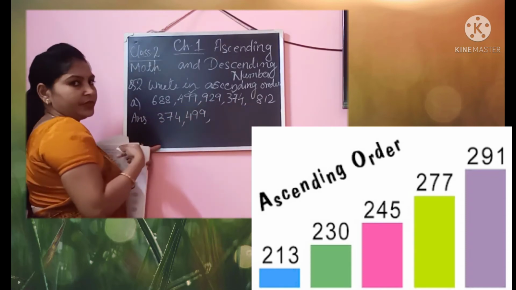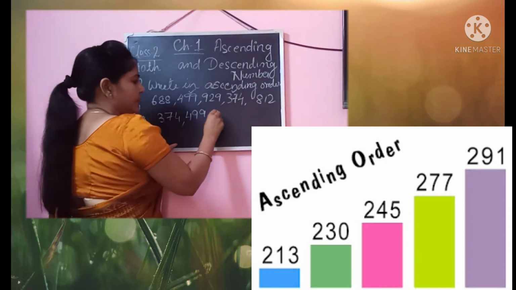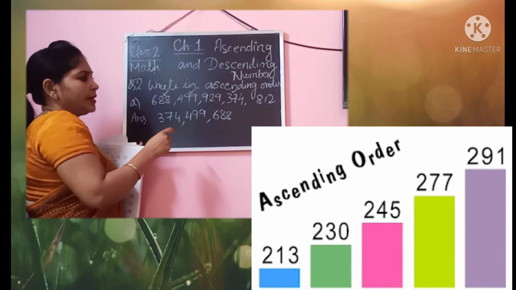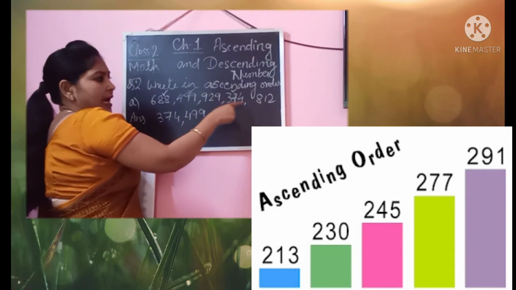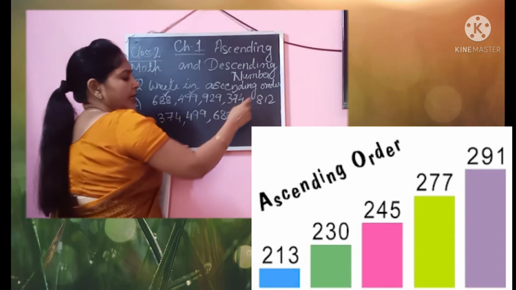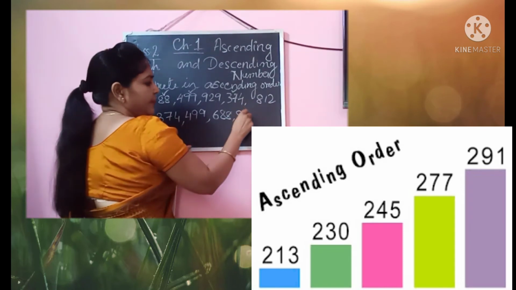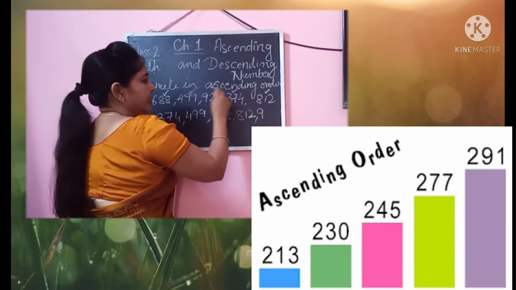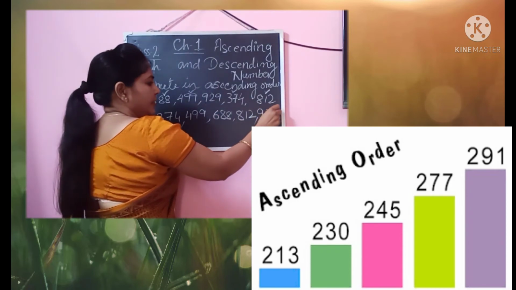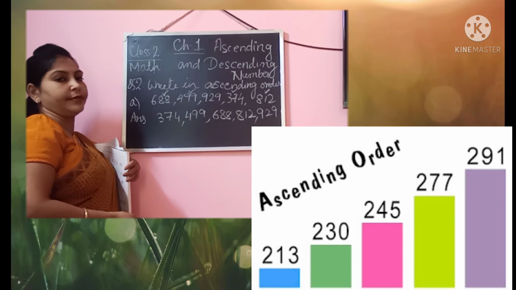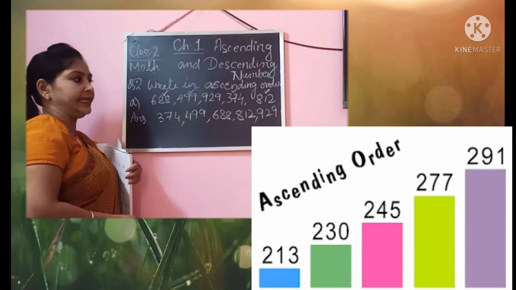Out of these 3, which is the smallest? 6 is the smallest. 688. This is also done. Now 9 and 8. Which is smaller? 8 is smaller, 812, and the last one is 929. So this is your ascending order.